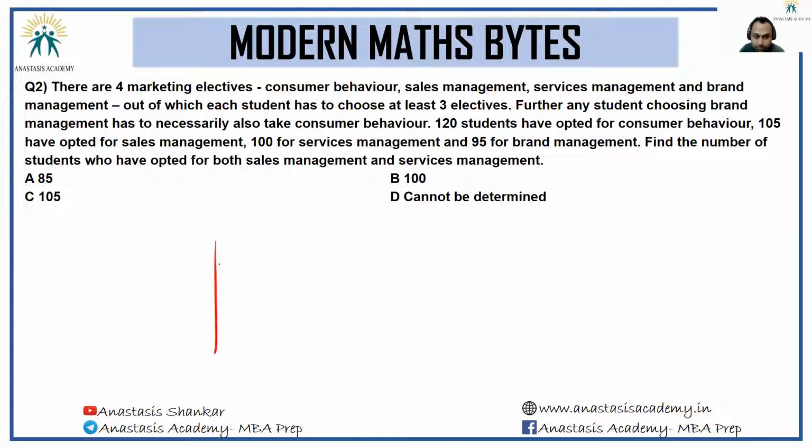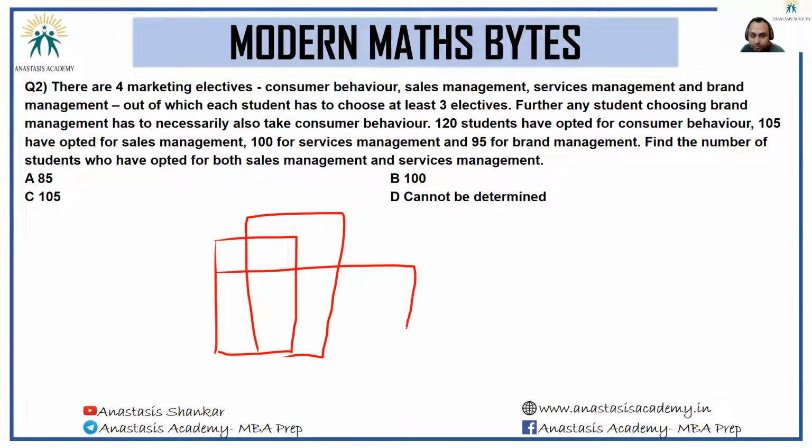Okay. This is a 4 set Venn diagram that needs to be created. What are the subjects?